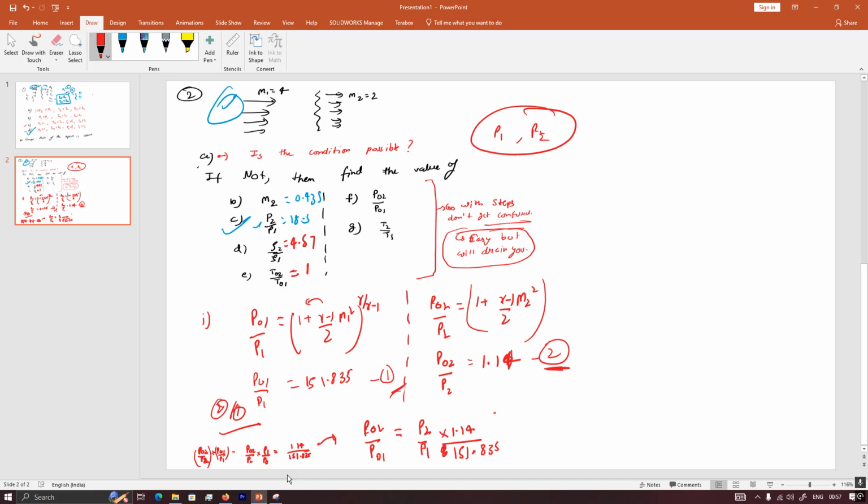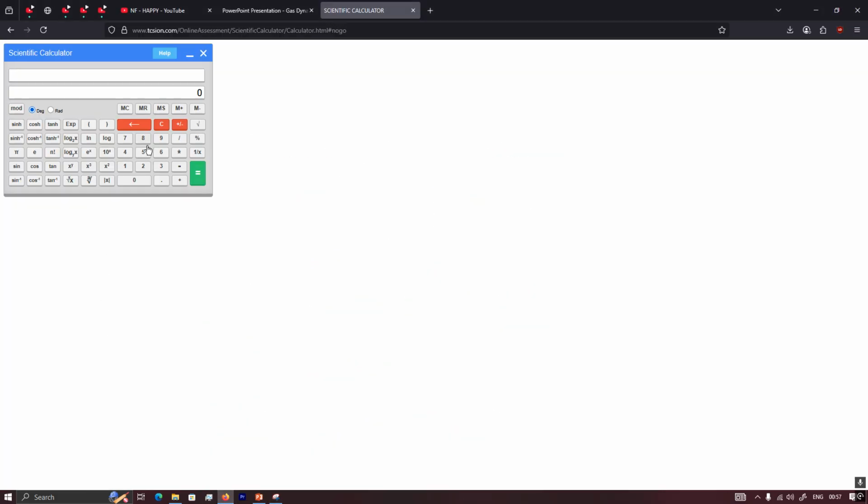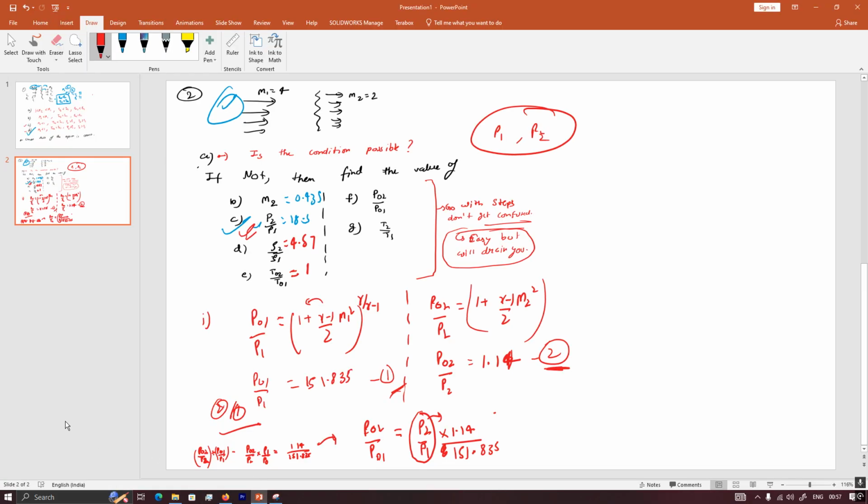Now we know the value of this P2 by P1, which is 18.5. Now I can use my calculator. So 18.5 into 1.14 upon 151.835. This is the value of P02 by P01. So using this approach you can find out that thing.